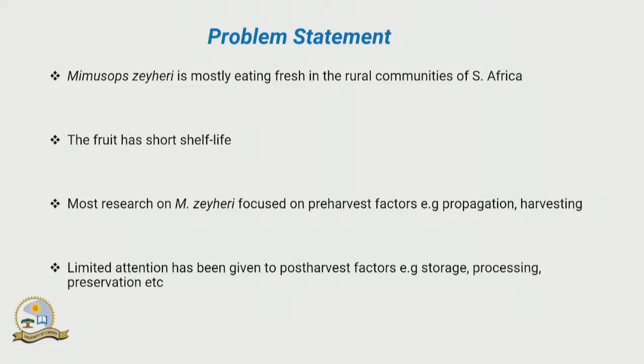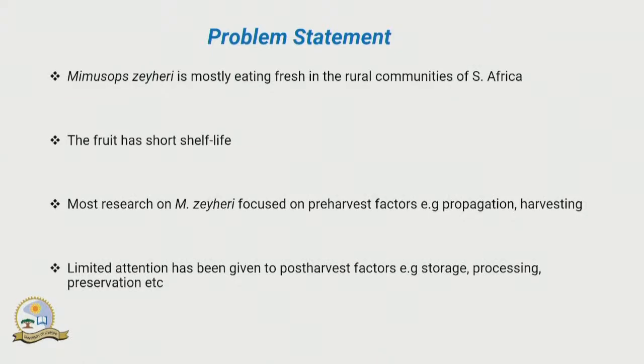As a result, there is a need to maintain the fruit for long in terms of availability, but this will also help in terms of consumption pattern, because obviously people will not eat something that is not there. So once you increase the availability, you might increase the consumption of that particular crop.